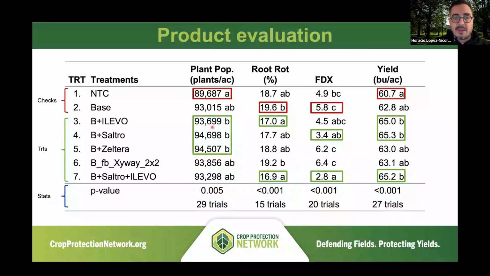So now we can start making sense of what we saw, right? There's a significant statistical difference with plant population. We're seeing more plants coming up when we're protecting those seeds against SDS, which is also a seedling pathogen, right? It's infecting at the seedling stage. It's causing stand reduction.